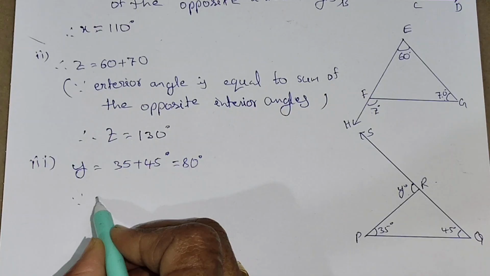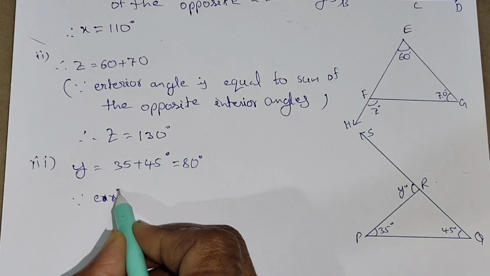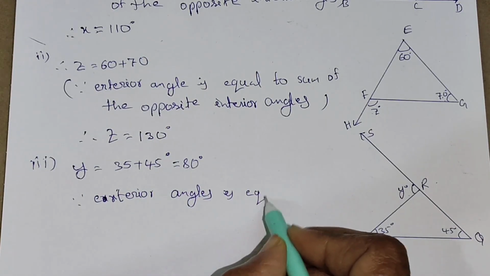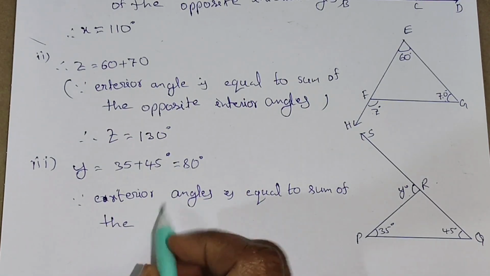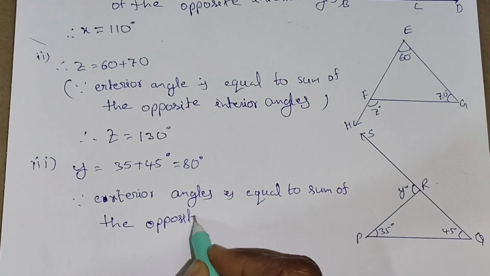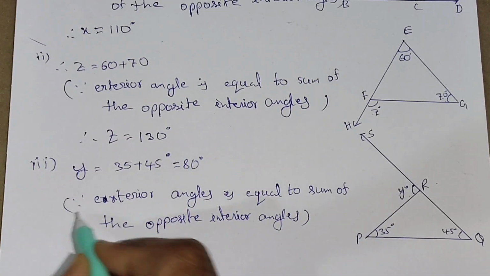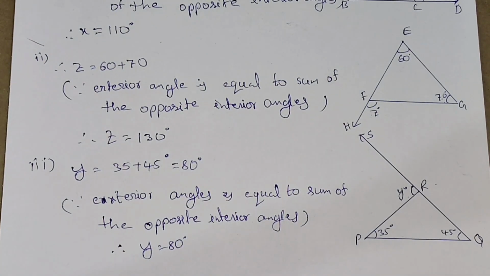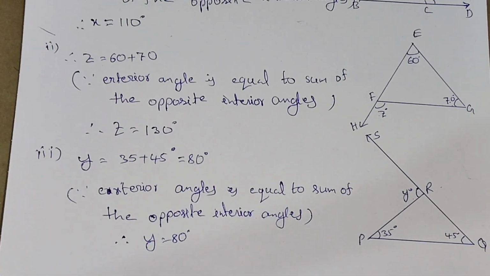Here also the same axiom: the exterior angle is equal to the sum of the opposite interior angles, therefore y equals 80 is the answer. This is the answer to the first question, with its first, second and third bits.